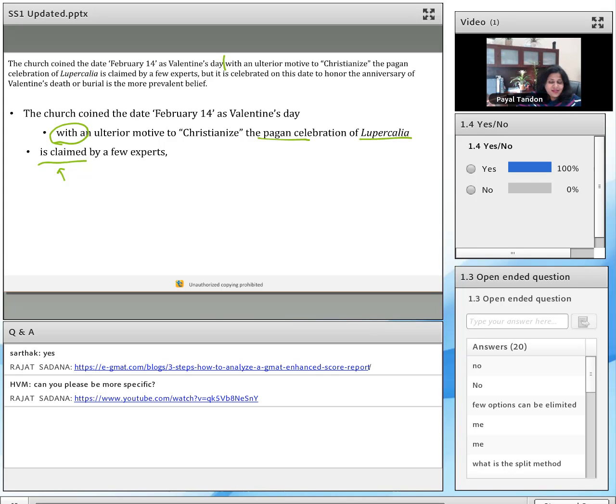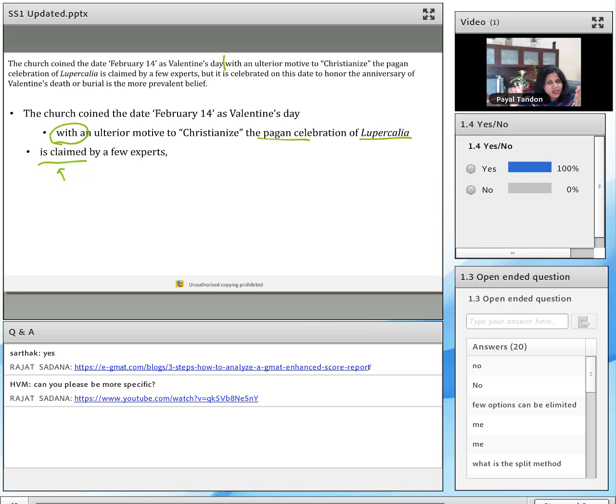Such imperfections would be very hard to identify if you're reading fast, or speed reading. But when you're reading slowly with an intent to understand the role of each and every entity in the sentence, you will be able to pick up on such imperfections.